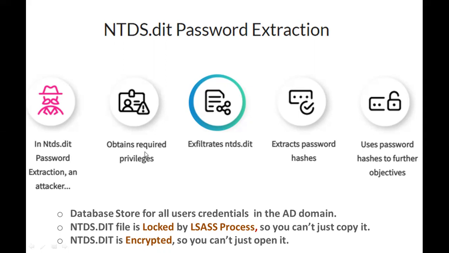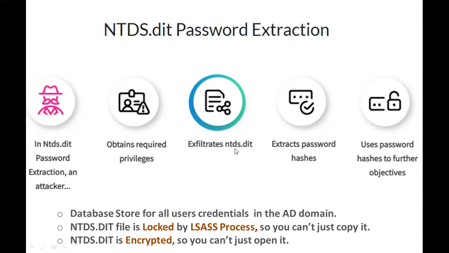We were also able to exploit that vulnerability to create a backdoor on the Active Directory. We were able to create a domain user and also escalate the privilege of that user to become a domain admin user. So now our next stage will be to exfiltrate the NTDS database file.